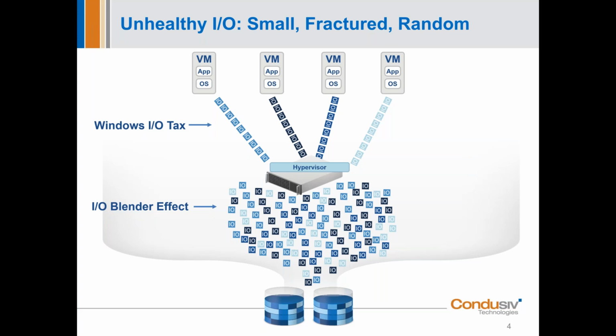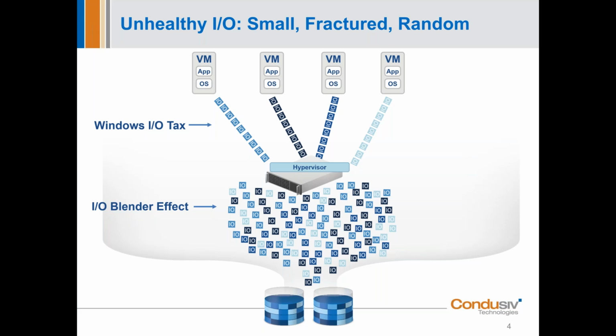Now, in a virtualized environment, this performance penalty can be amplified by something called the I/O blender effect. What's happening here is that you have small fractured I/O packets coming from the virtual machines, and as they pass through the physical host, through that hypervisor, the hypervisor mixes these I/O streams together, causing a randomization effect.